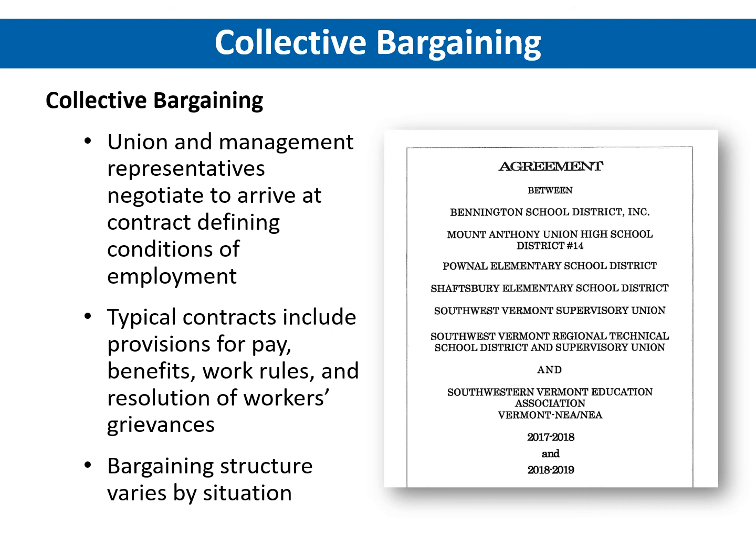Typically, these contracts will be very extensive, and they'll include basic factors such as provisions for pay, benefits, work rules, resolving grievances, but they'll also include very detailed components that are typically specific to organizations. Now, the contract that you see on the screen here is a teacher's contract. This particular contract is 67 pages long, but some union contracts are over 300 pages long. That's how much detail they go into.